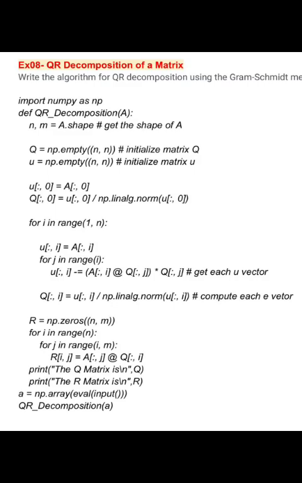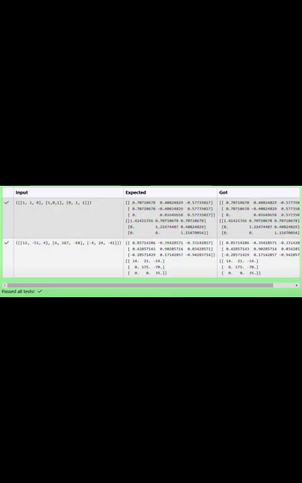The QR decomposition method in linear algebra decomposes a matrix A into the product of two matrices. This is how the Python program accompanies the QR decomposition using the Gram-Schmidt method.